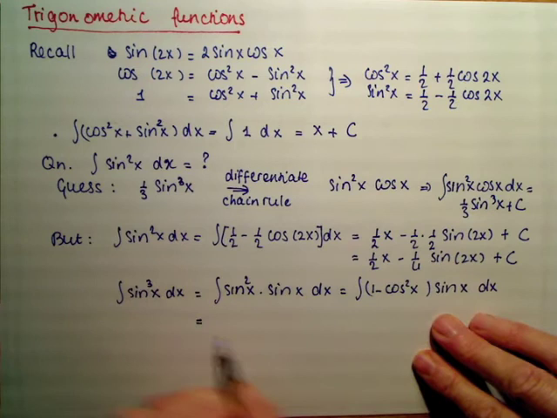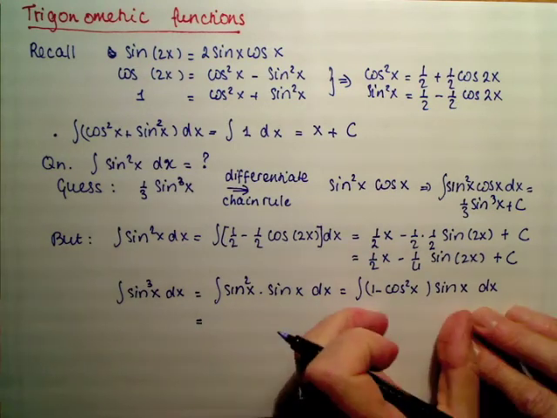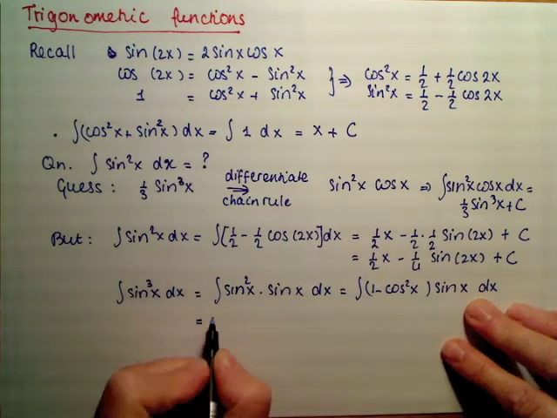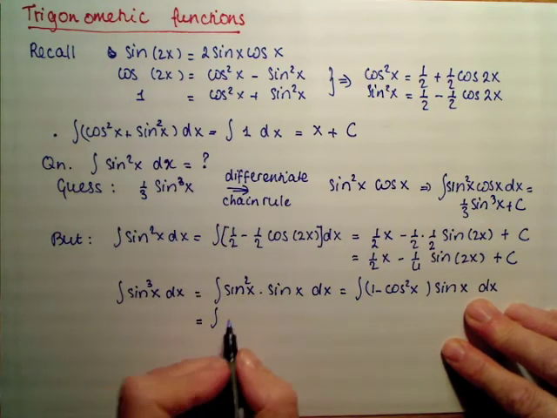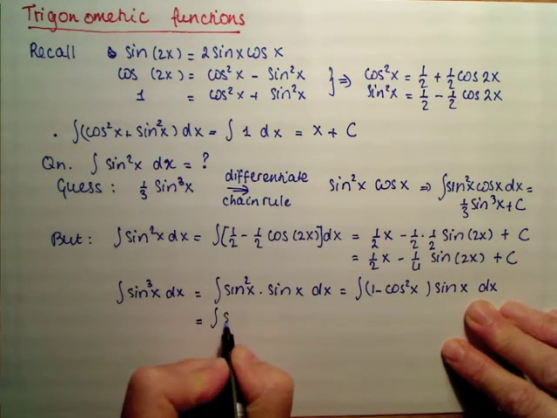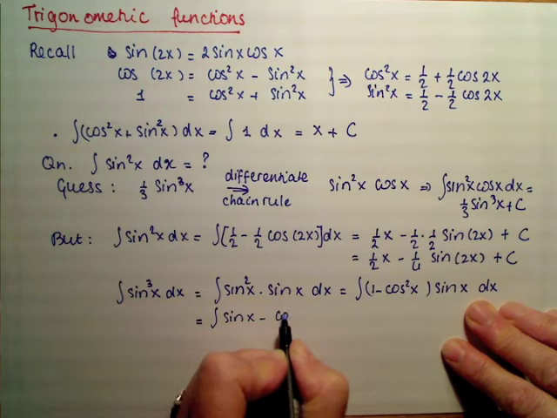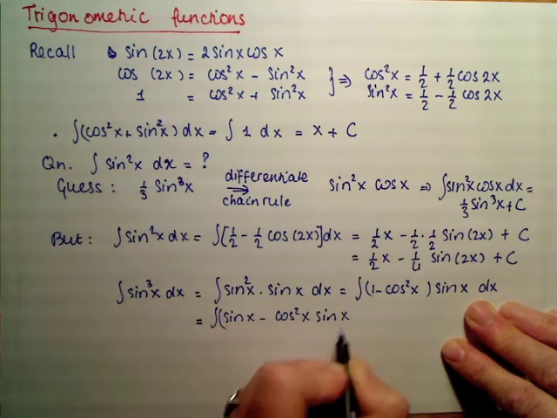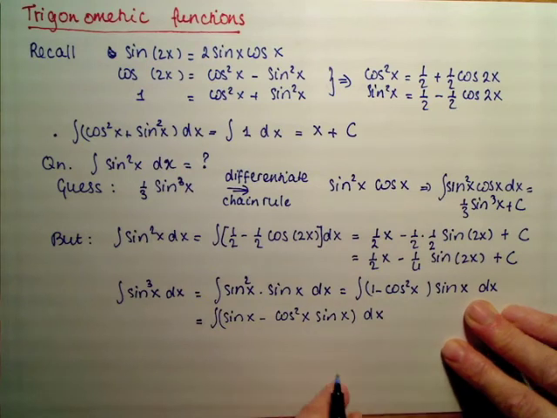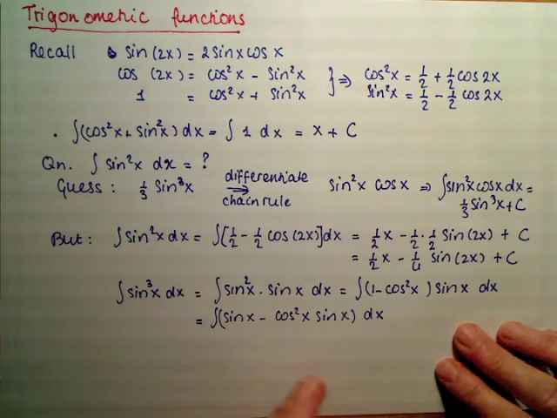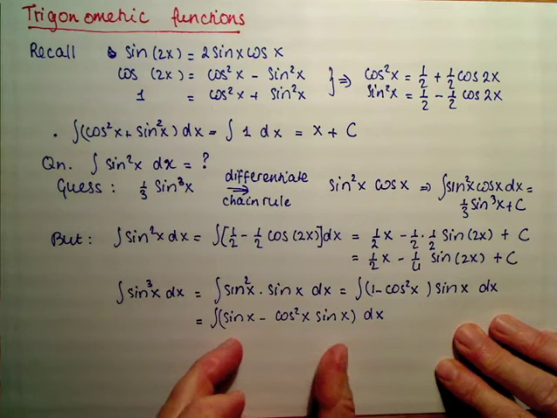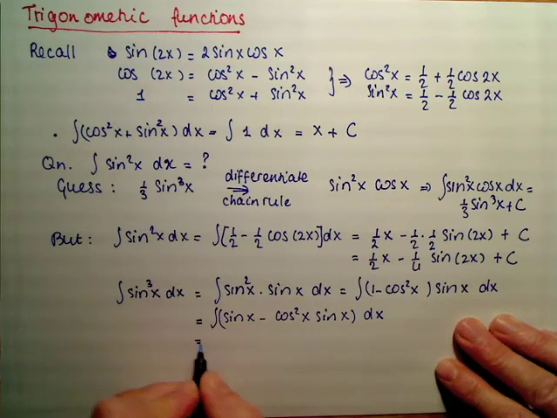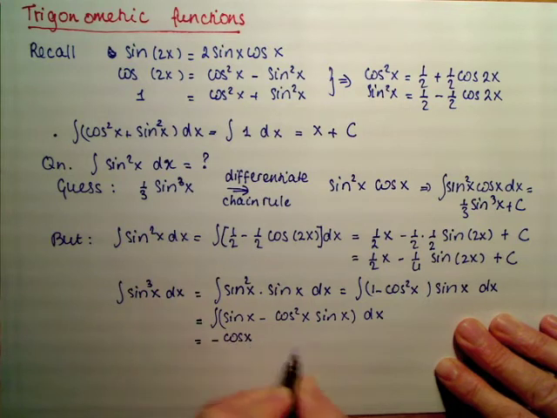So what we get, if we delete the brackets, is that we have to calculate the primitive of sine of x minus cosine squared of x multiplied by sine x. Now we can calculate the primitives of both terms separately. The primitive of sine of x is equal to minus cosine of x.